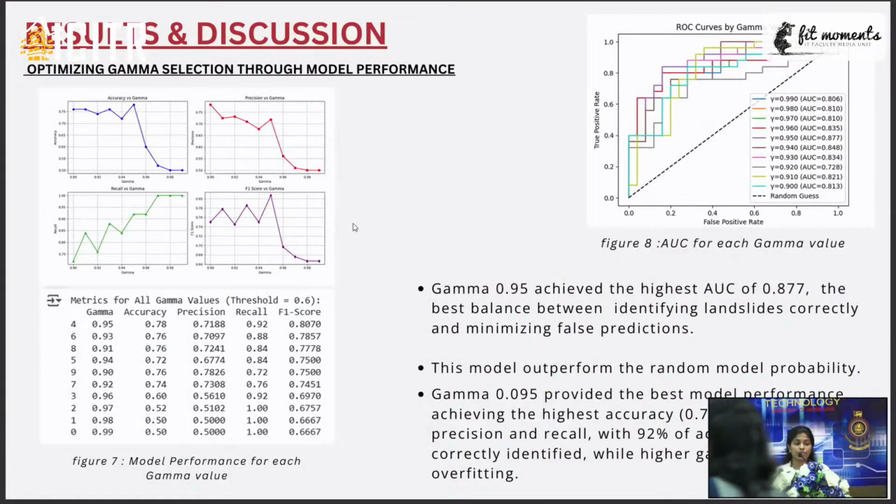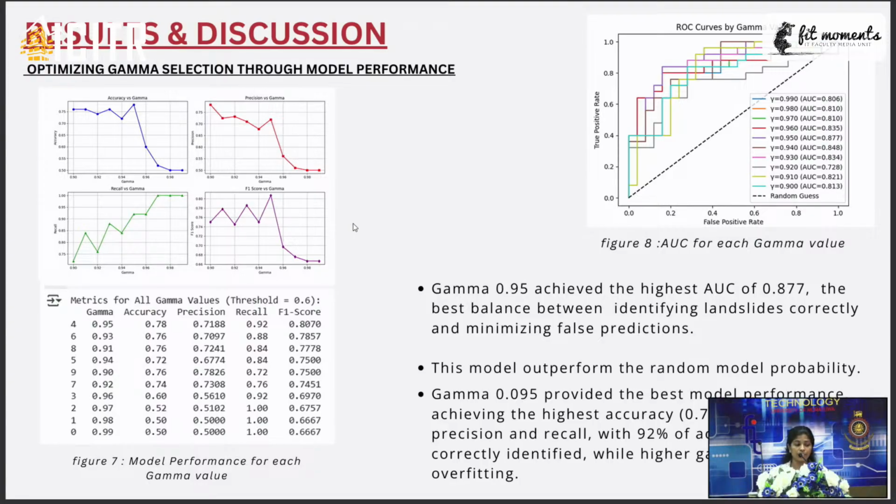As I explained earlier, I developed 10 landslide susceptibility maps, and there I computed model metrics: accuracy, precision, recall, and F1 score. Through these 10 maps, I got my optimal value at a gamma of 0.95.